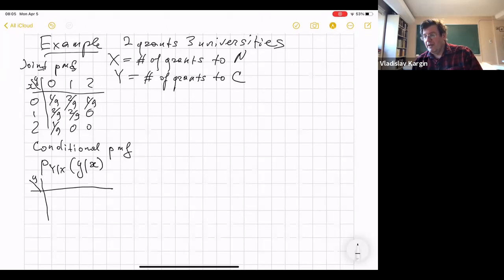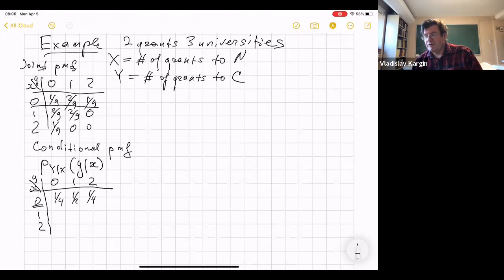We have Y and X, here 0, 1, 2 and 0, 1, 2. Now we know that X is equal to 0, we know the realization of X. So we are within the first row of the original table, but we need to normalize the numbers so that they sum to 1, and we get in this case 1/4, 1/2, 1/4.